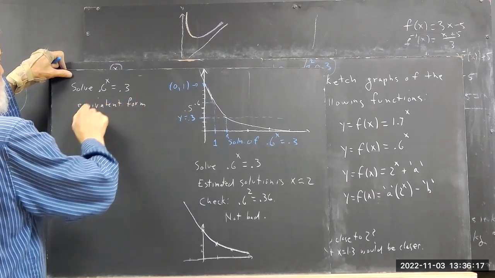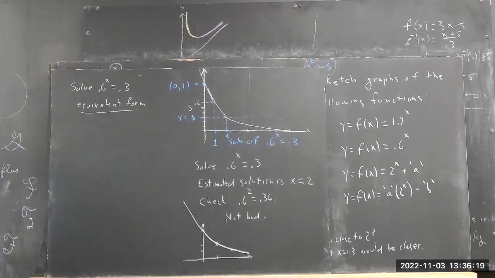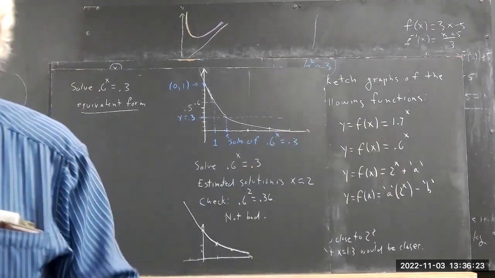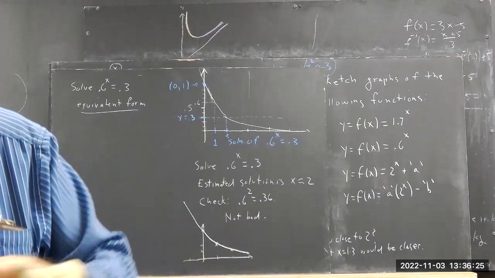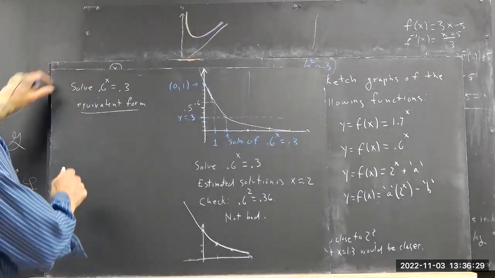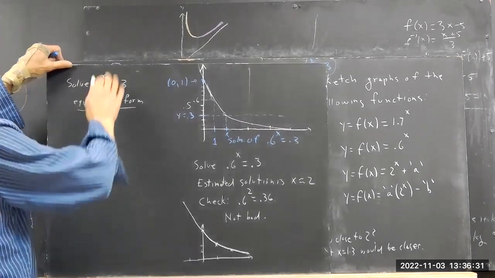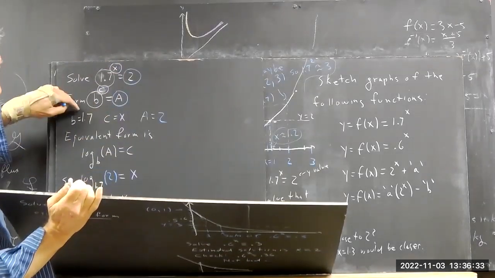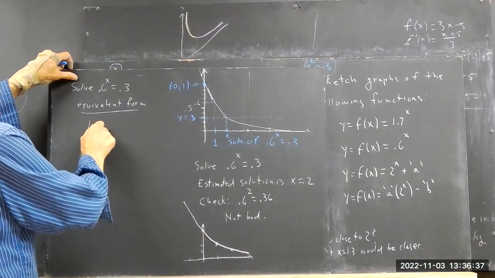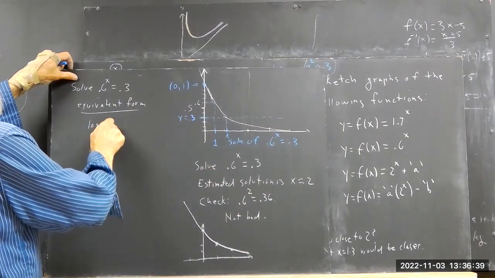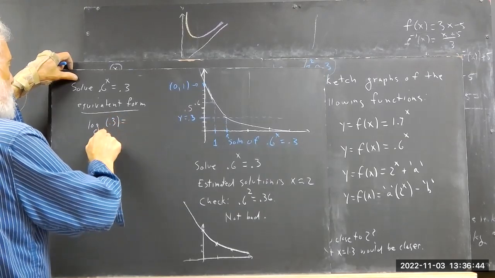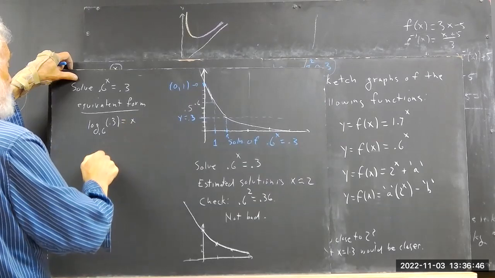Now, when you're first doing this, you want to go through the whole process of identifying your A, B, and C, or whatever, in the forms of your basic exponential or logarithmic function. And using the same thing that we did over here, without going into all the detail, this says that log base 0.6 of 0.3 should equal x.